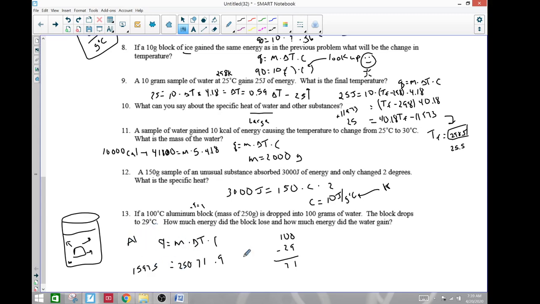You could do it also with the water if you have all the data for the water. It says 100 grams of water, but we don't know the starting temperature of the water, so we can't do that. Okay, we'll leave it at that. This is our answer located here in joules. And there we go. Thank you very much.